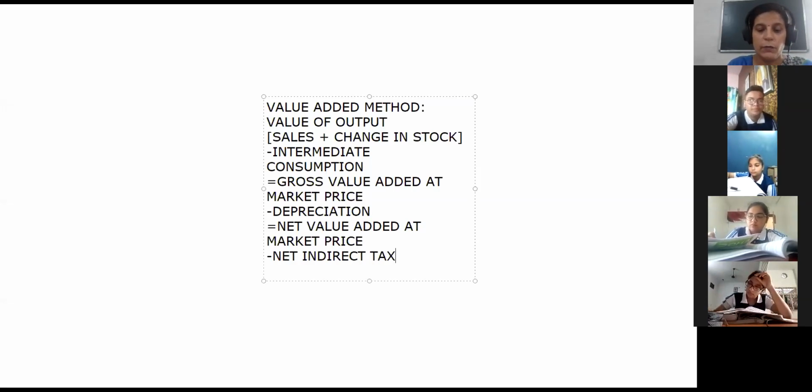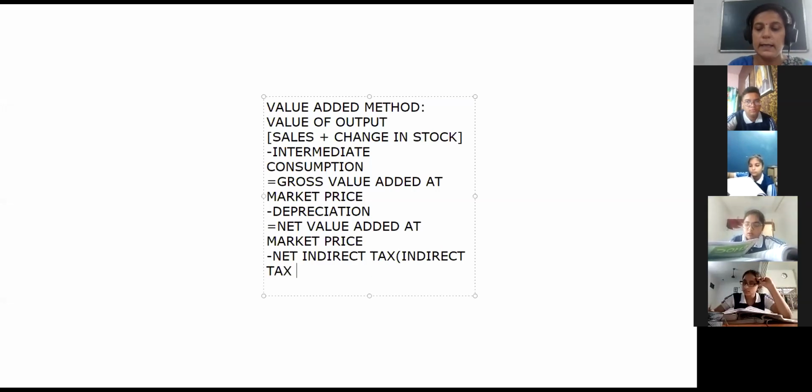tax, which is calculated as, sometimes it is not given, so how you will calculate it: indirect tax minus subsidies.